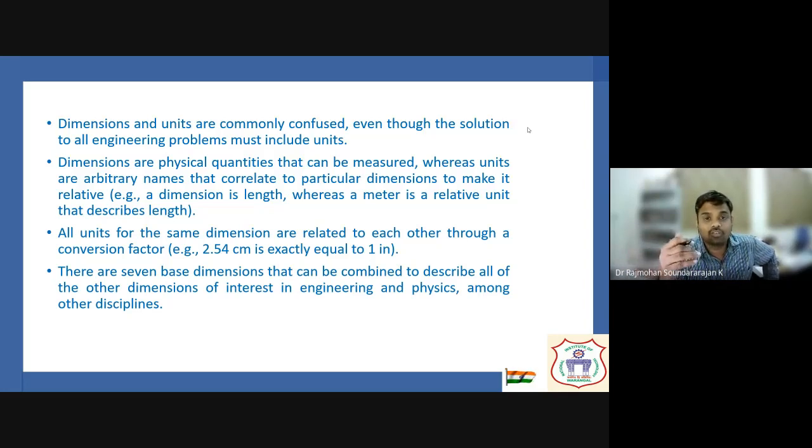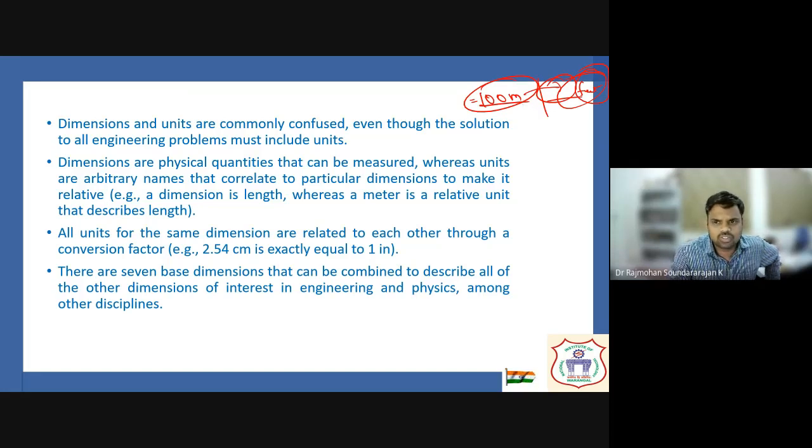Because the person correcting may have 100 meters as the answer in the key. If you express it in feet, your value may be correct, but if you didn't write the unit, it is very difficult to correct.